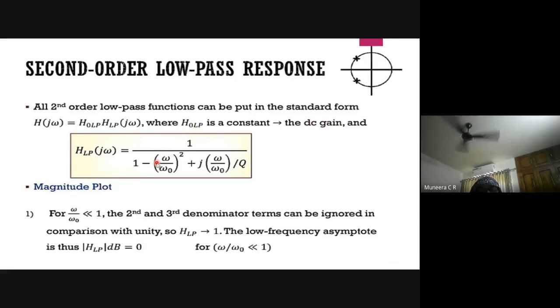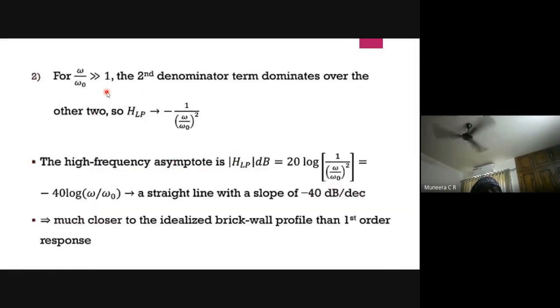So taking the magnitude, low frequencies are passed. Now if omega by omega 0 is much greater than 1, only the square term remains, and the other two can be neglected. Then the high frequency asymptote has a slope of minus 20 into 2, minus 40 dB per decade.